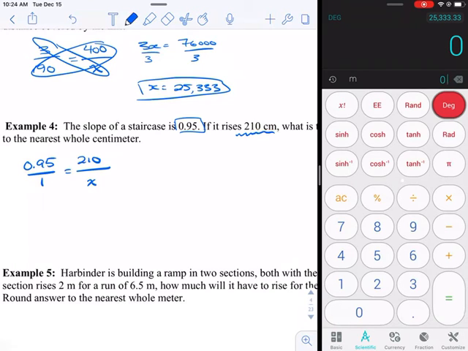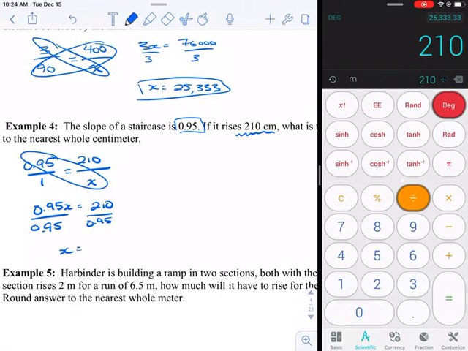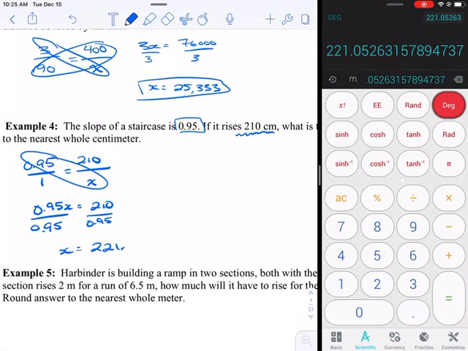So again, use cross multiplication. So 0.95x is equal to 210. So if you divide by 0.95, 210 divided by 0.95 is equal to 221 centimeters, not meters.